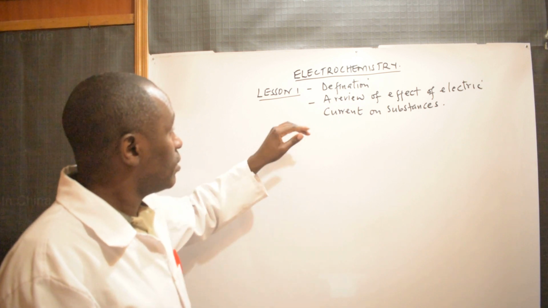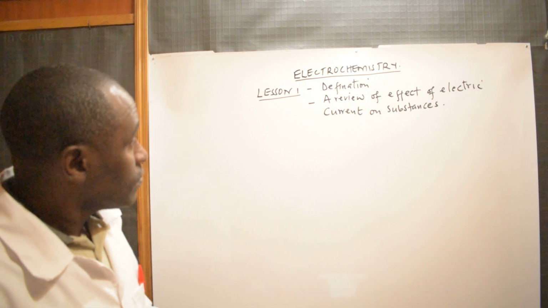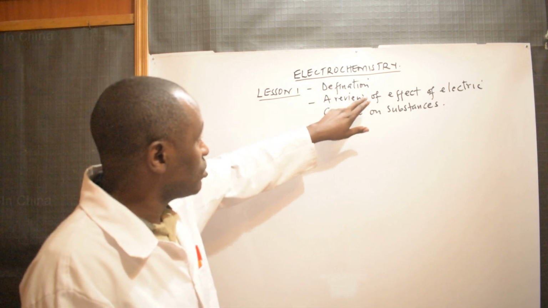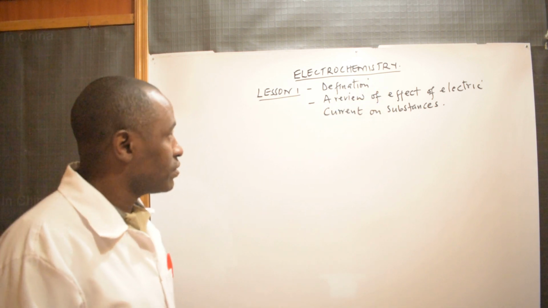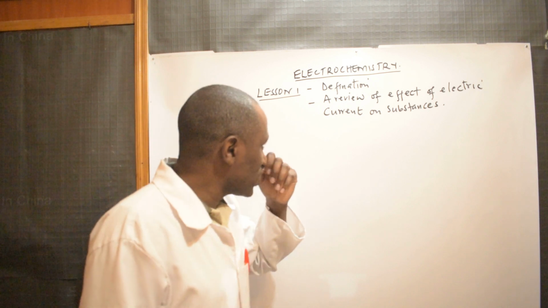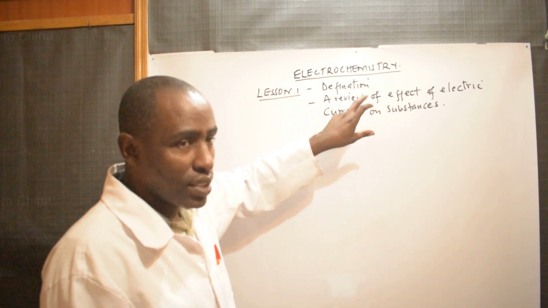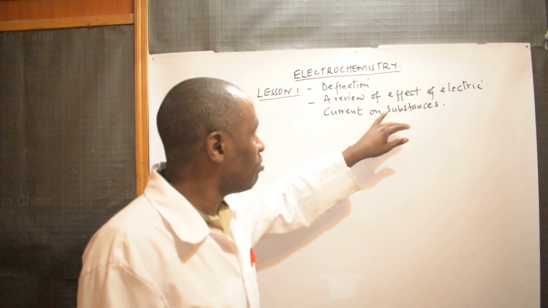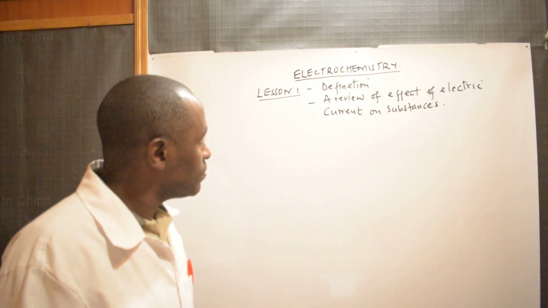In my lesson 1, at the end of this lesson, you need to be able to define electrochemistry. I'll also be getting back to a Form 2 topic that we looked at, that is the effect of electric current on substances.